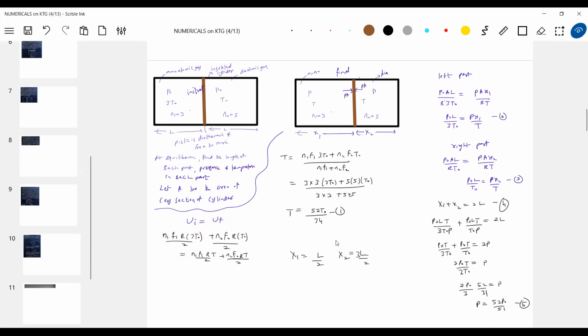Number of moles you have to check. As it is an insulated cylinder, no escape of it, so overall energy remains constant. So these are the ideas. Conservation of energy, this is the one thing. Next thing, the number of moles in each part remains the same. Then some geometry. The overall volume of the gas in the cylinder remains the same. Rest all solve.